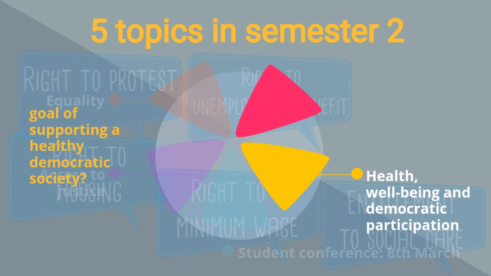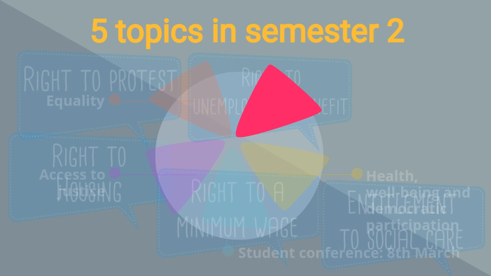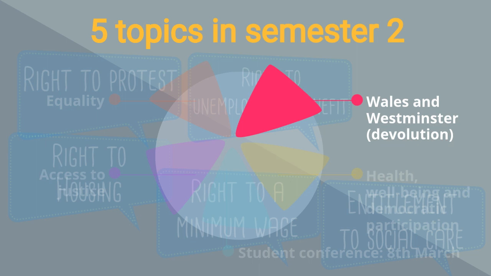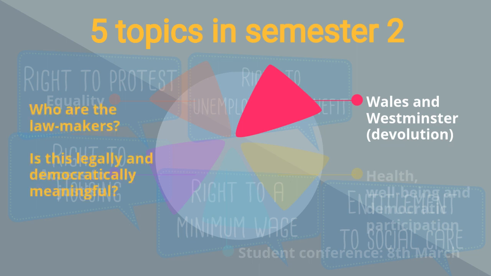Finally, in Civil Justice Topic 5, we think about the scope of the state in the context of devolution, and we ask whether and how the legal right you have chosen is the responsibility of lawmakers in Westminster or in Wales, and whether the balance is democratically appropriate or legally meaningful.